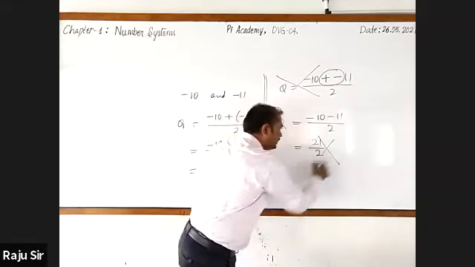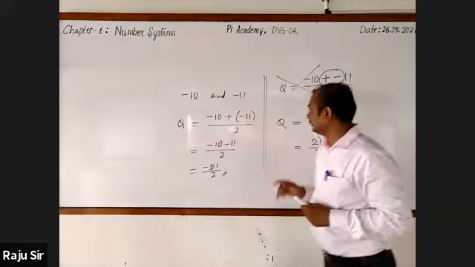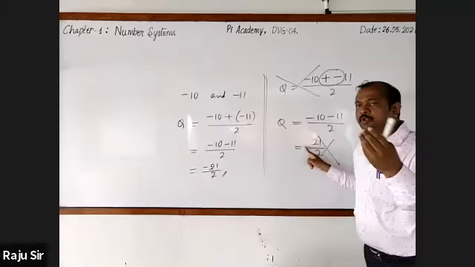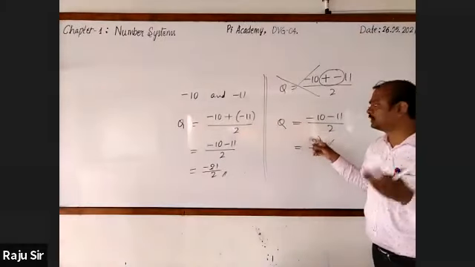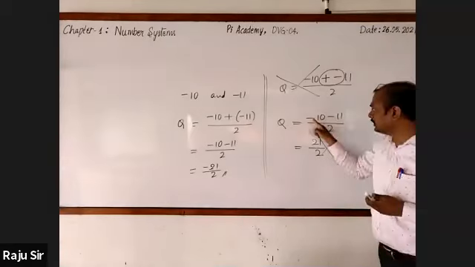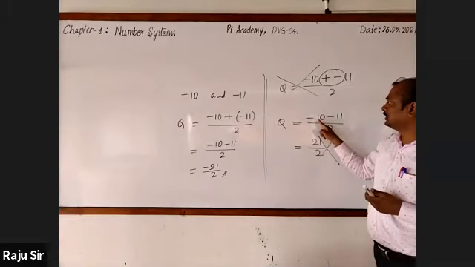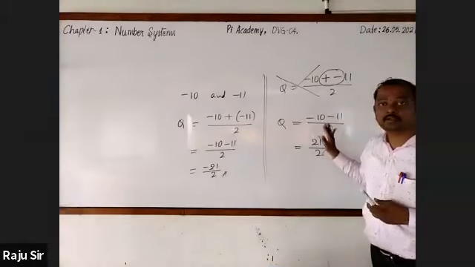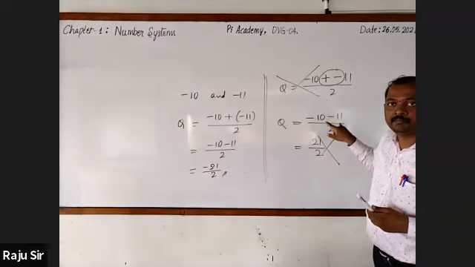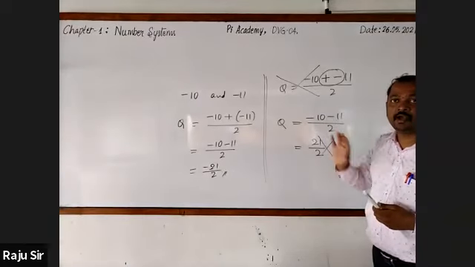We all know that it is wrong. The reason is minus 10 minus 11 is minus 21. But a few have thought that minus 10 minus 11, minus into minus, is plus, so it will be plus 21. It is wrong. You are adding the terms, not multiplying.